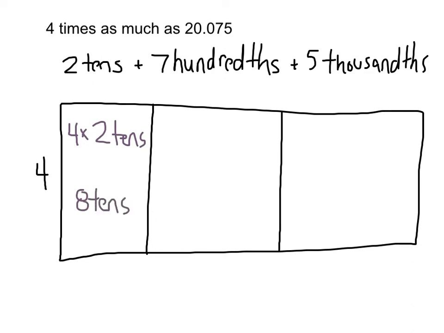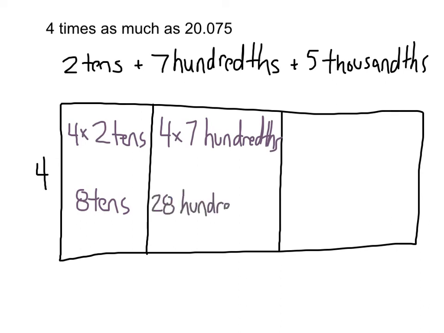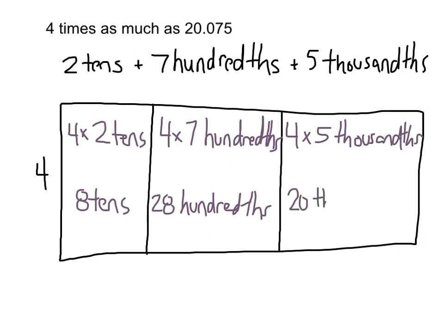In this next box, I'm going to have 4 groups of 7 hundredths, and that's going to give me 28 hundredths. And then lastly, I'm going to have 4 groups of 5 thousandths, which gives me 20 thousandths.